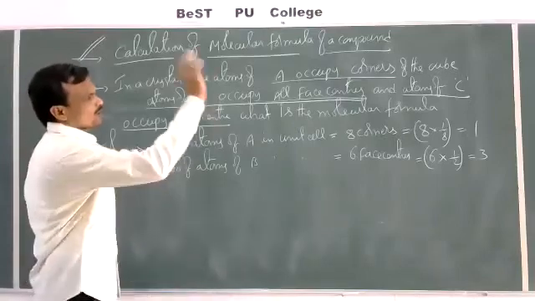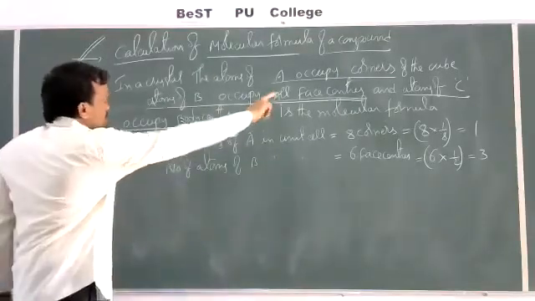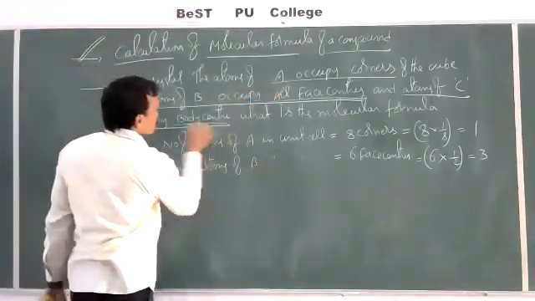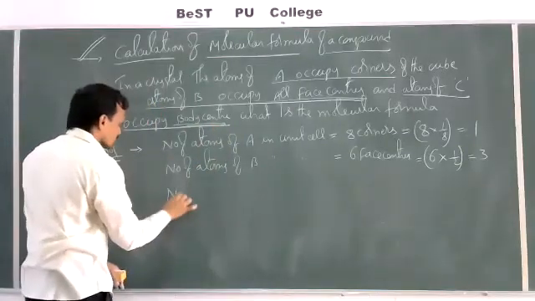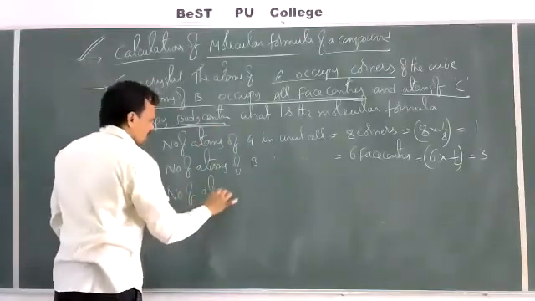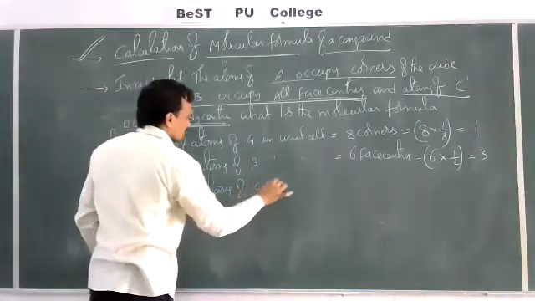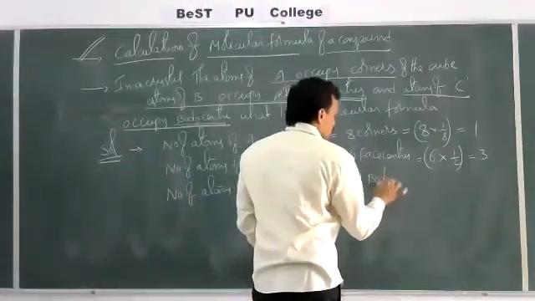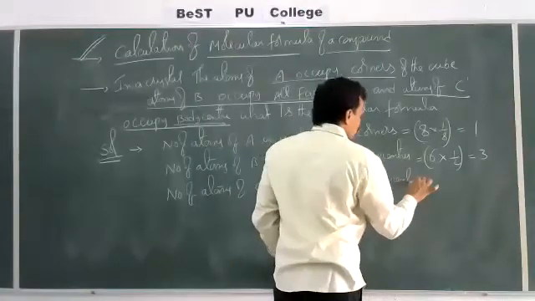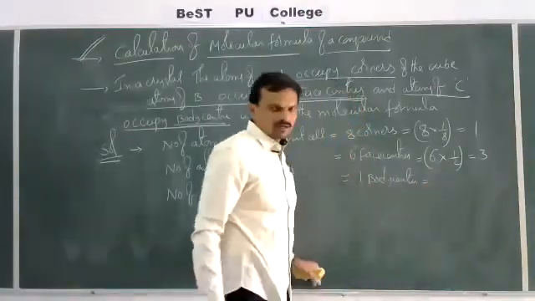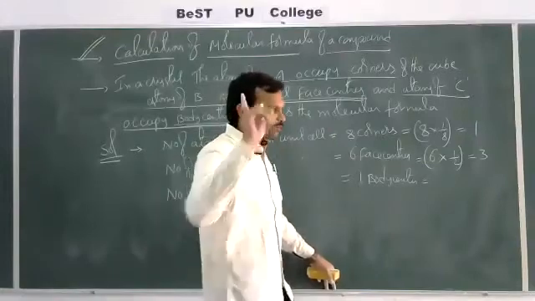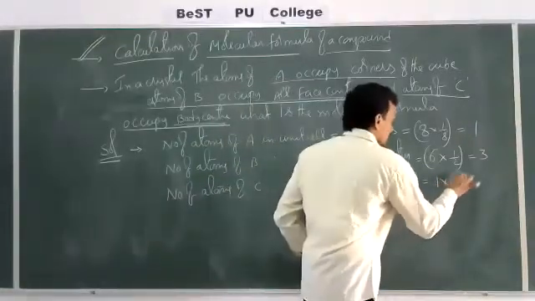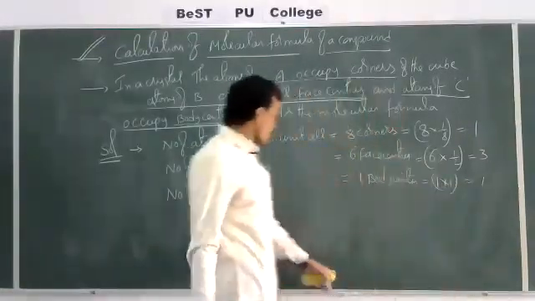Now I will go for the number of atoms of C. What is the position of C? Atoms of C occupy the body center. So the number of atoms of C in the unit cell is equal to, C occupies only one body center. What is the contribution of the body center? The contribution of the body center is 1. So 1 into 1, which is equal to 1.